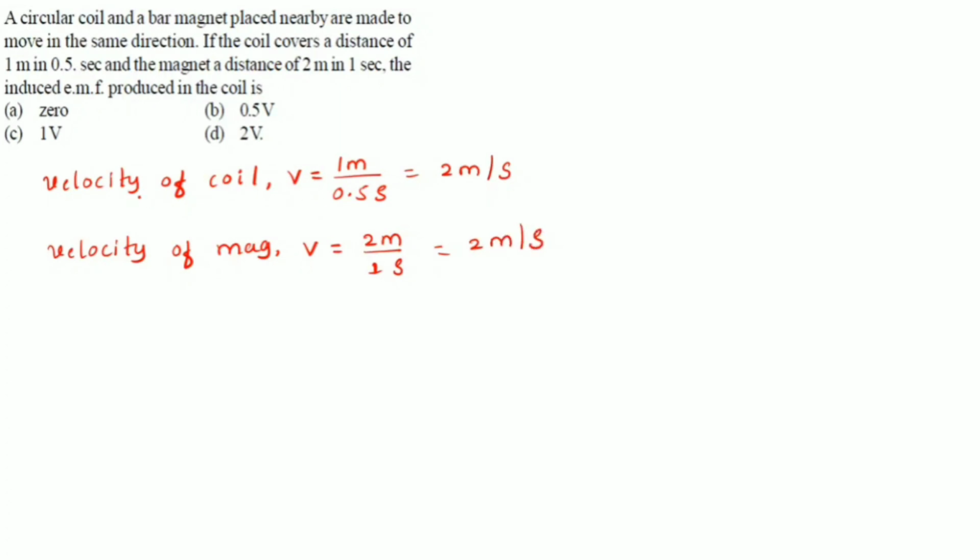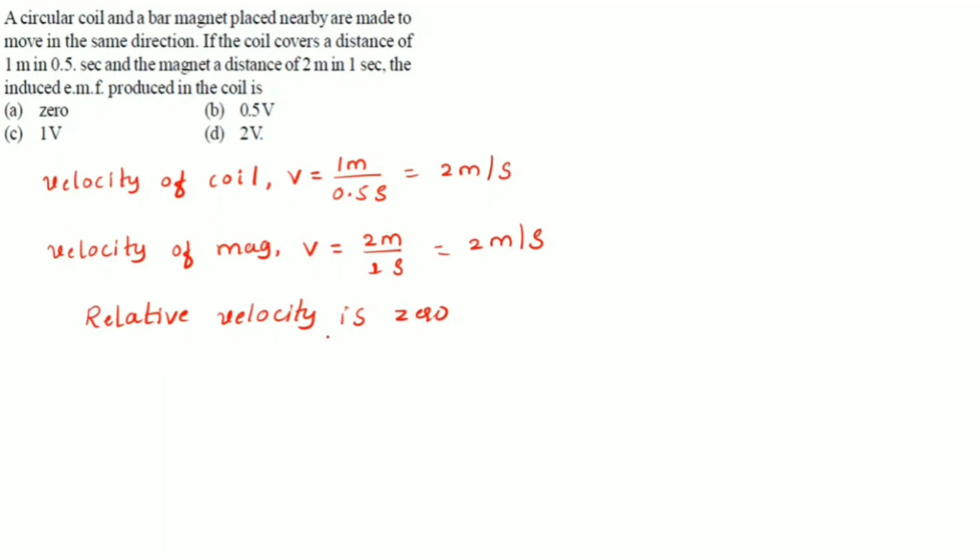So that indicates velocity of coil and magnet both are same. Both are moving in the same direction. That's why their relative velocity is 0, because 2 minus 2 we can get 0.